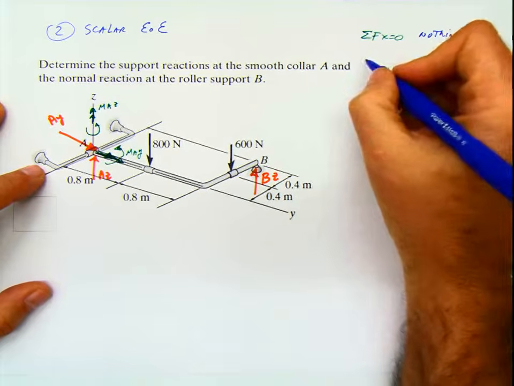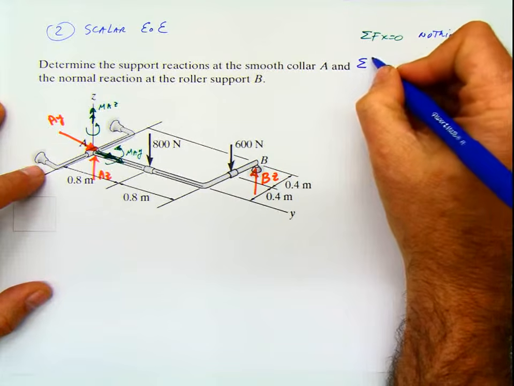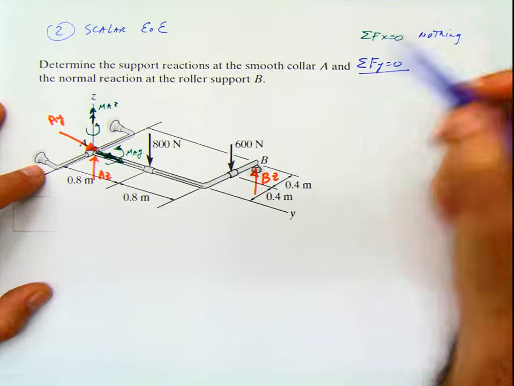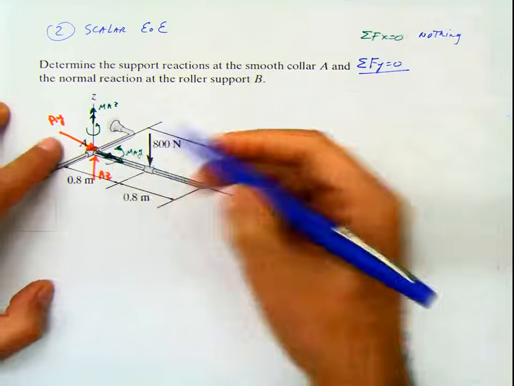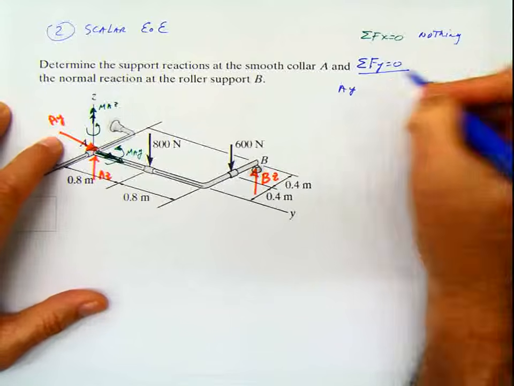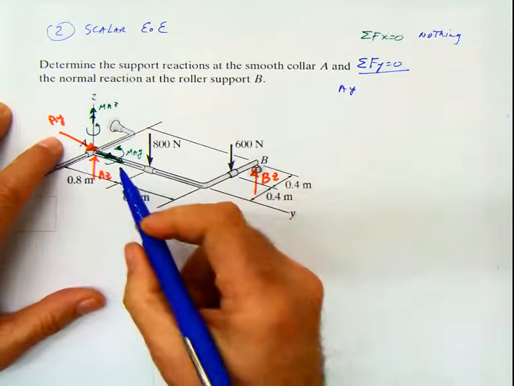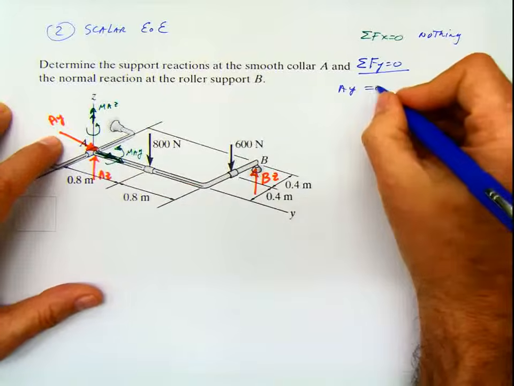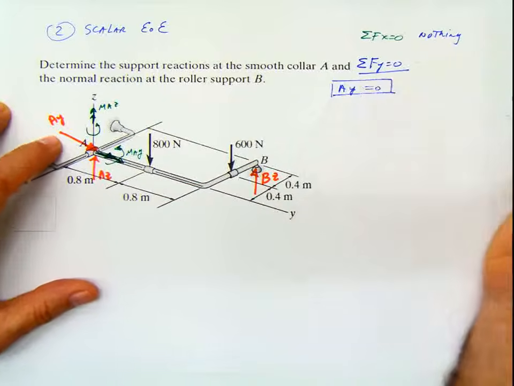So let's do now summation of forces in Y equals 0. Y is this direction. So then I have AY equals 0. Nothing else.